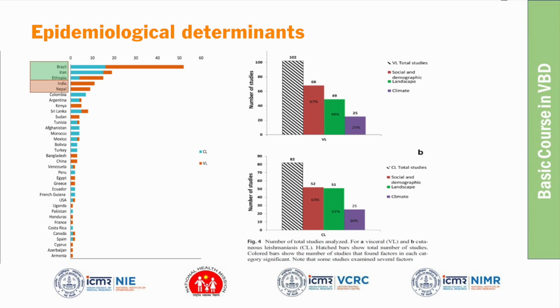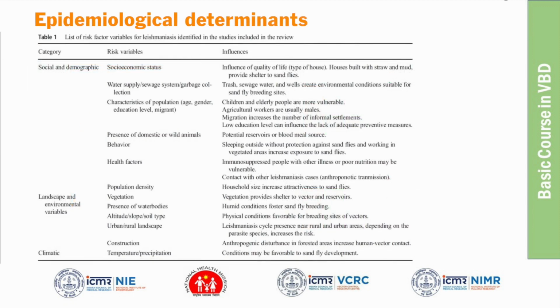What are these factors? We are going to see them here. In the next slide, the socio-demographic factors include socioeconomic status, water supply, sewage system, garbage collection, and characteristics of the population: age, gender, education level, migrants. This influences the quality of life. Houses built with straw and mud provide shelter to sandflies.